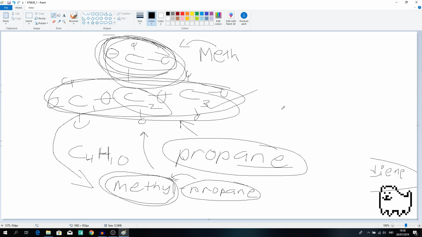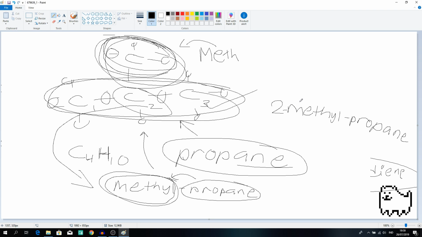So in the end, we'll just have to be 2-methylpropane, and that's just a more technical term. You will have to be specific with the numbering if you're dealing with longer chains that have many different possibilities.